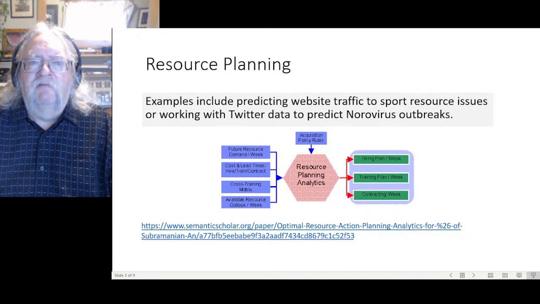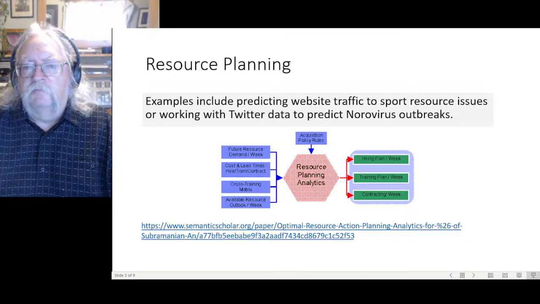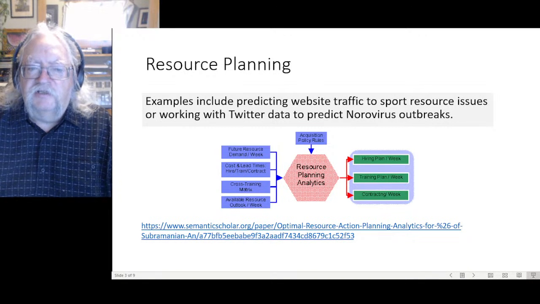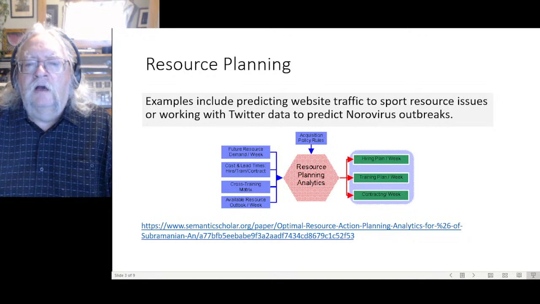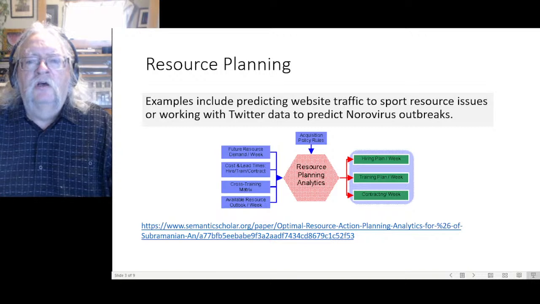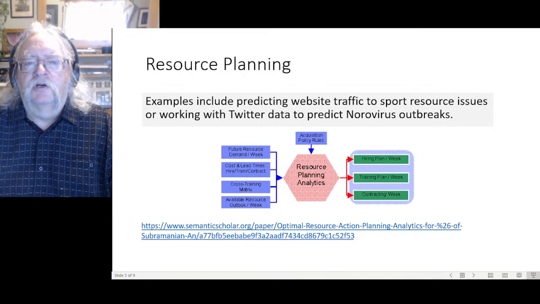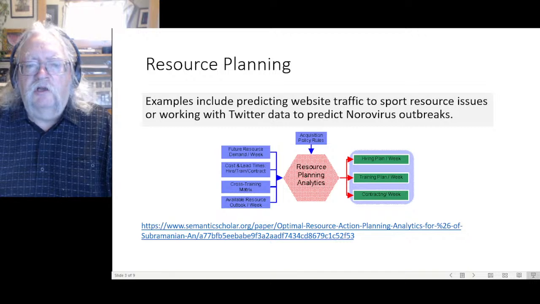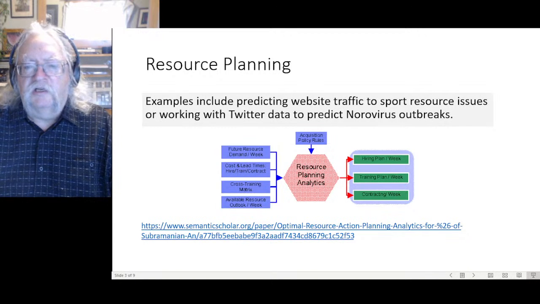They worry about everything from the number of staff to have, the number of classrooms to have available, the number of books to put in the bookstore, and in the example discussed here, predicting website traffic on their website to make sure that there are no server issues, or even doing things to ensure campus health, such as working with Twitter data to predict norovirus outbreaks.